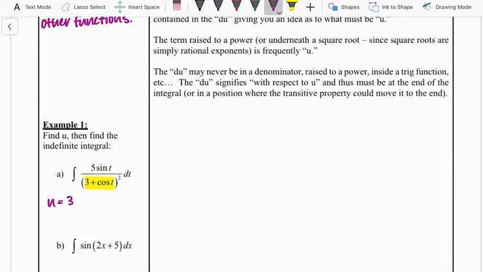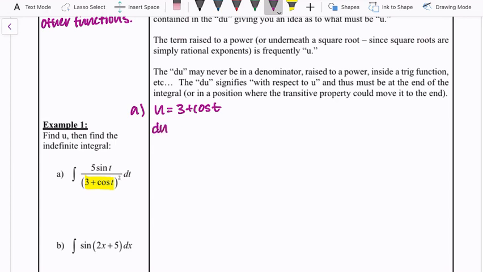u is equal to 3 plus cosine t. Actually, I'm going to write this up here. Okay, so let's find our du. Let's differentiate both sides with respect to whatever that variable is.